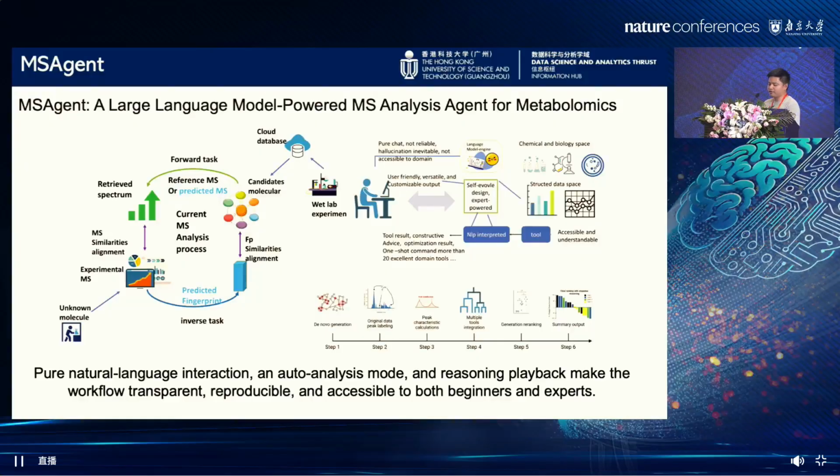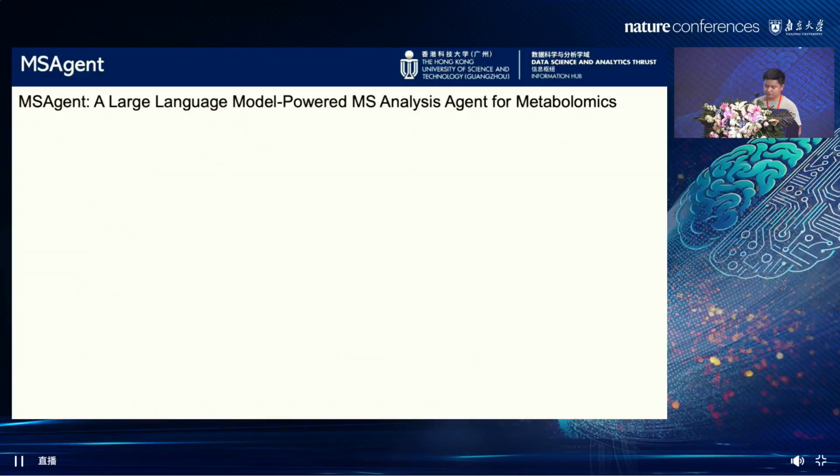This enables it to automate the complete analysis process of the mass spectrum data, and it can also discover new metabolites beyond the scope of databases. We are also collaborating with some biologists to employ our MS agents in the discovery of new biomarkers of rare disease.